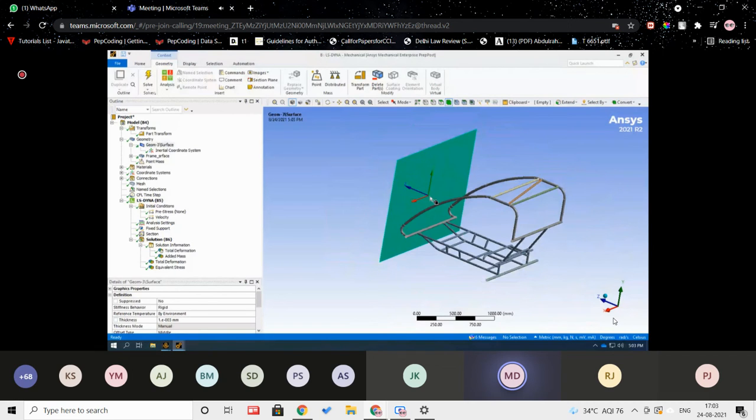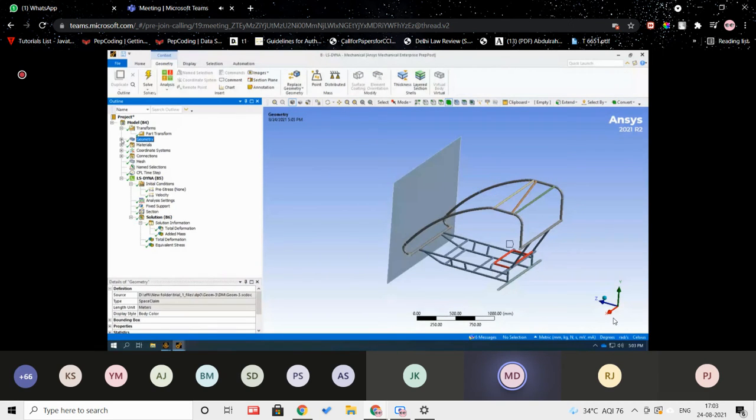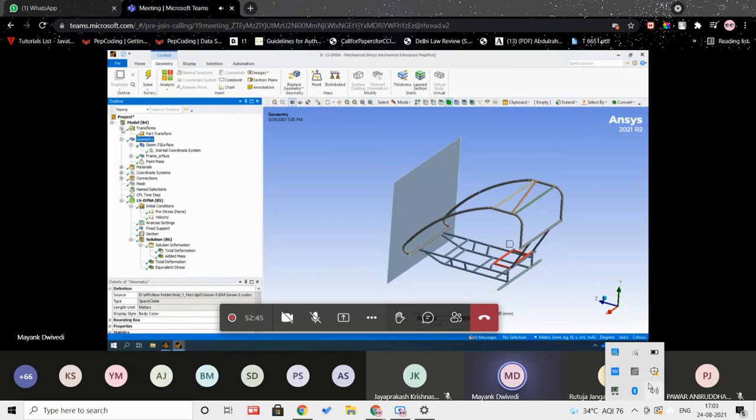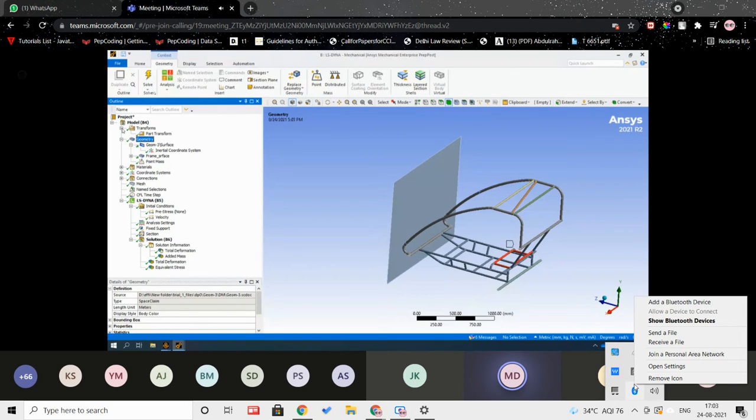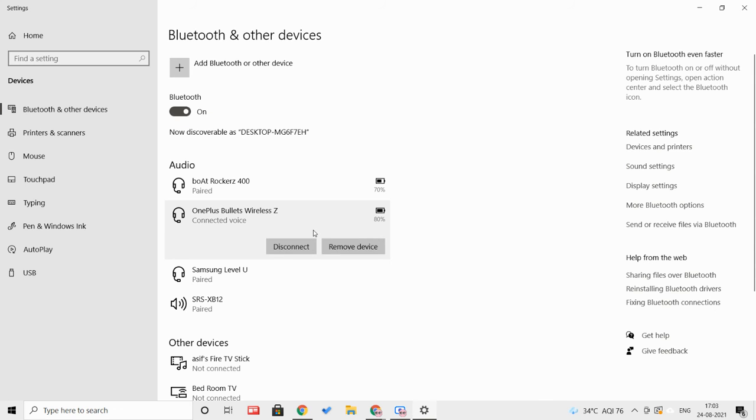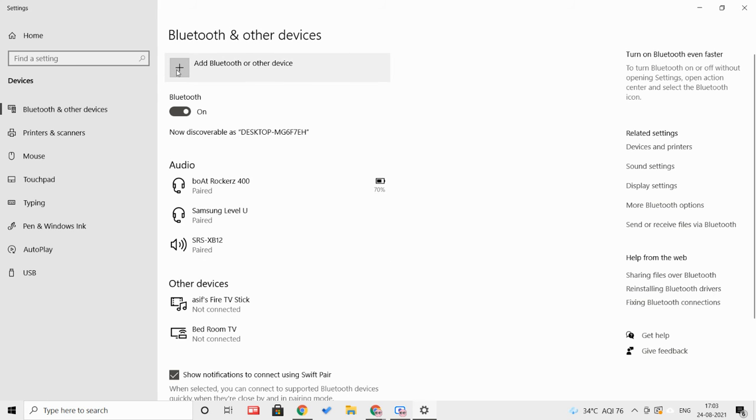With both things, since this is a dynamic analysis, you have to give some point mass which is representing your driver's weight, as in a real life scenario where your vehicle is traveling. I have simply distributed the point mass to these four locations, because these four members are going to share the seating arrangement.